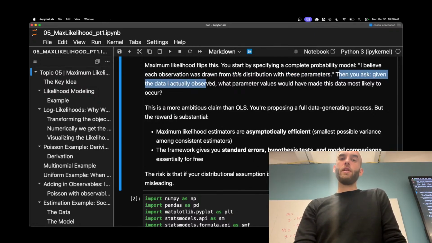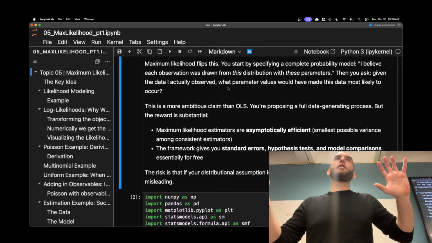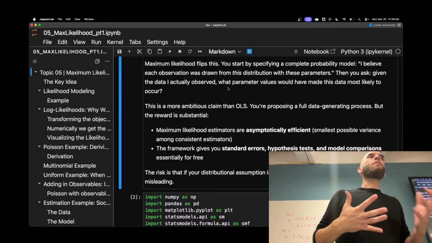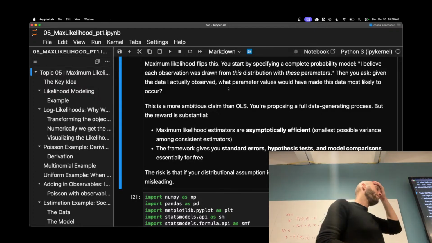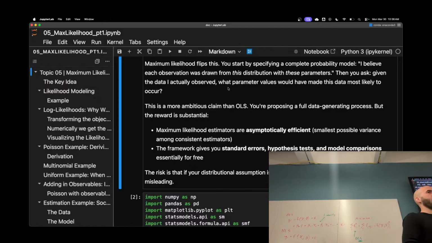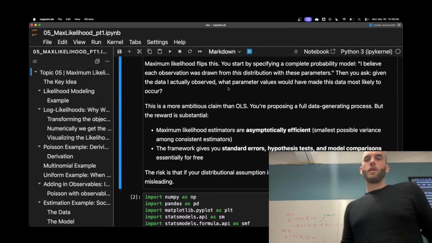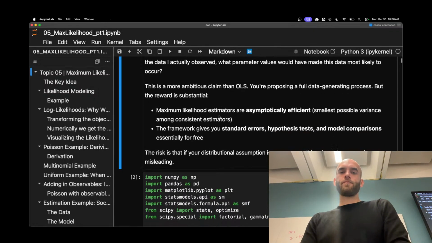So given the data I observed, what parameter values would make this data most likely to occur? We're flipping the question a bit. In some ways, it'll feel pretty similar, and as I'll show you, maximum likelihood estimation, MLE, and OLS generally give very similar results. But it's a different way of posing the same question.